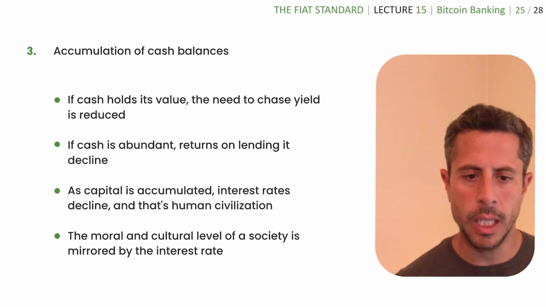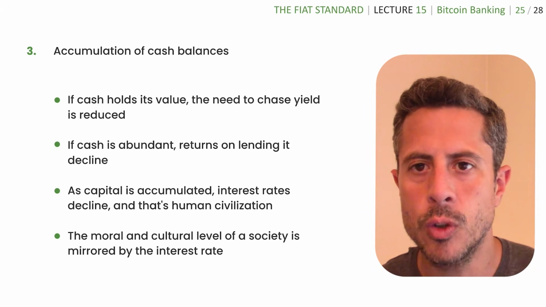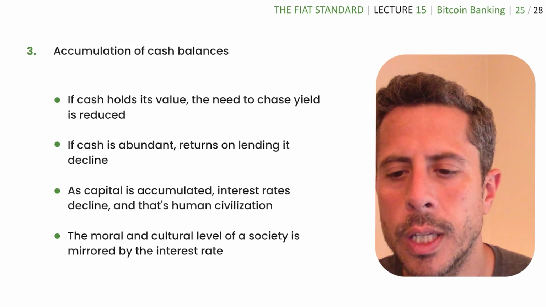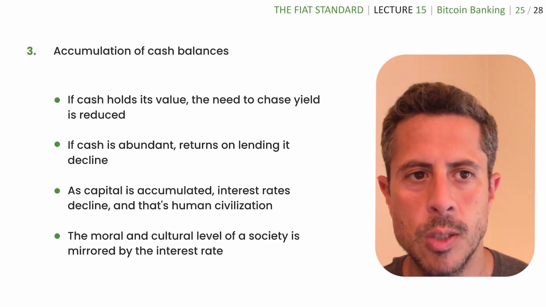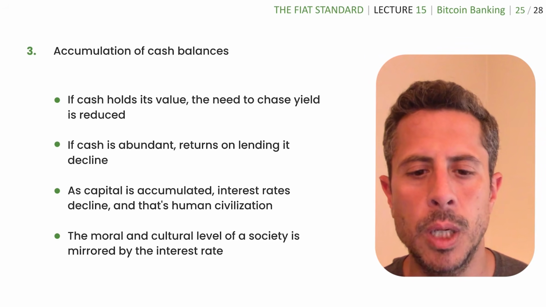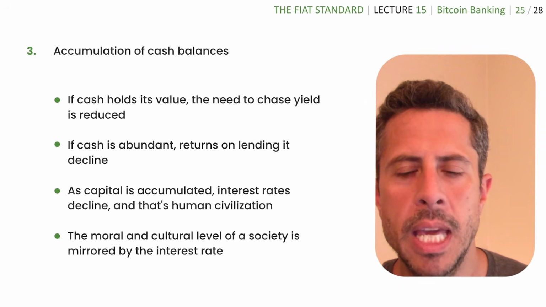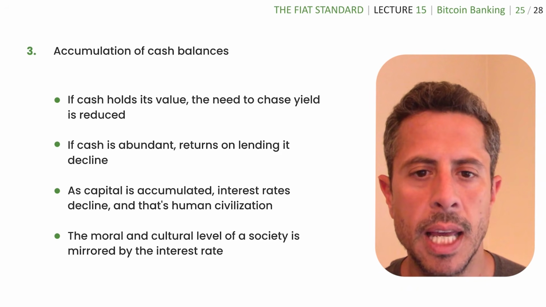And that's why, for Austrian economists, the interest rate is the measure of civilization. The lower the interest rate, the more civilized the society is, because that society is foregoing a large amount of consumption and has an abundance of capital. That means this is a society that is very capable of delaying gratification.